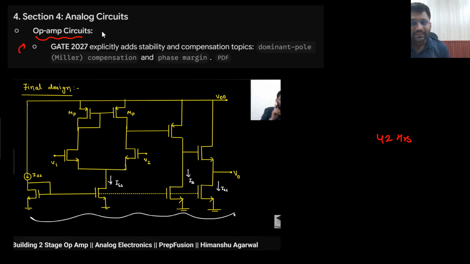The point is that yes, it is mentioned in op-amp, but at BTech level, I don't think they would be expecting so much in-depth analysis. I don't think they can ask you the value of a feedback cap, what could be the value of the feedback cap so that you get a particular phase margin of 76 degrees. Okay, the best case phase margin, how will you get it?